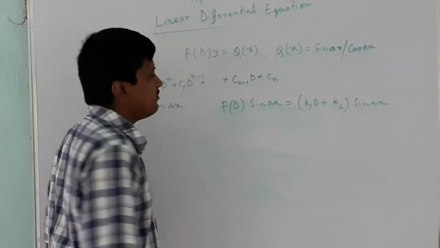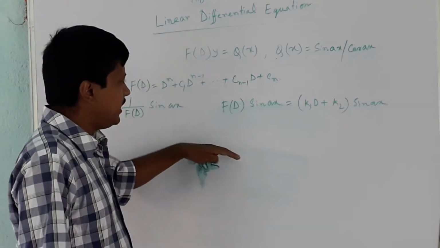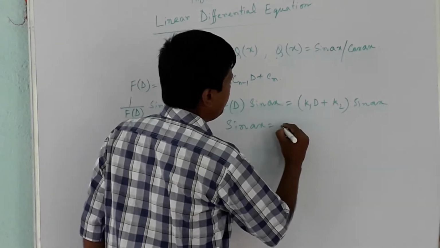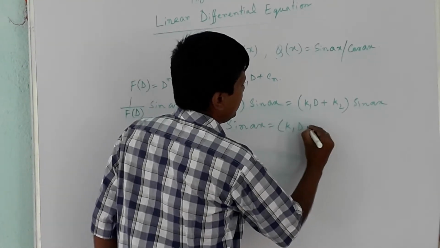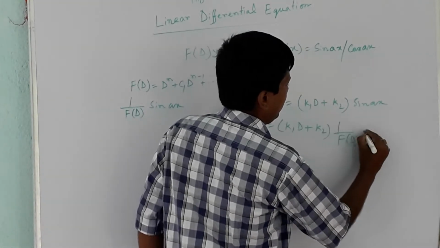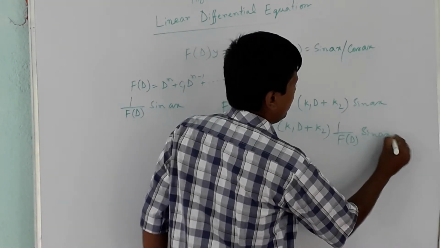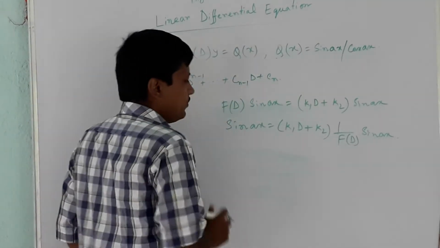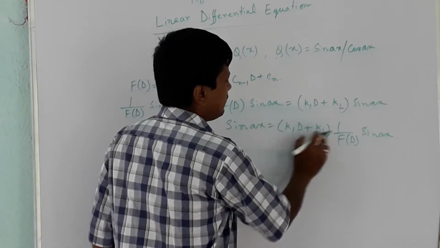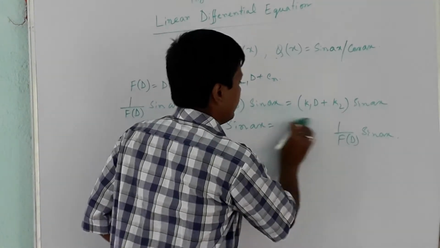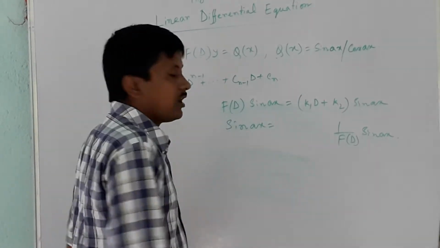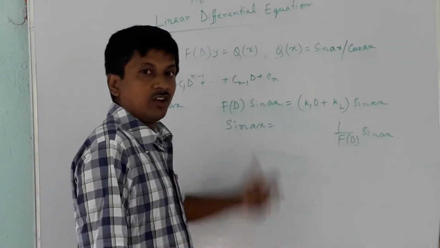Now if we take the inverse of f(D), then we get 1 by (k1 D plus k2) sin ax. You know that this is a polynomial function, so these operators are commutative.